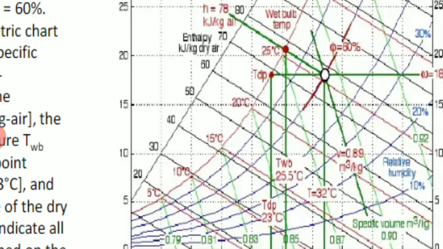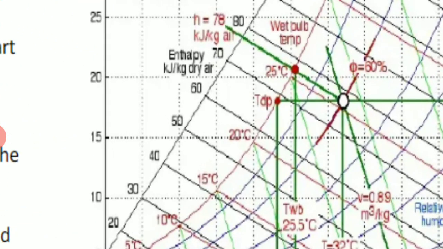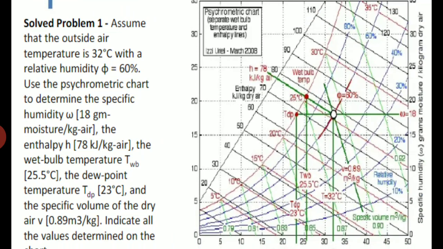That is 25 degrees Celsius, the bigger red one. That is 25 degrees Celsius, read on the saturation curve. Then for the fourth parameter, you again read the wet bulb temperature on the saturation curve, parallel to the wet bulb temperature lines.